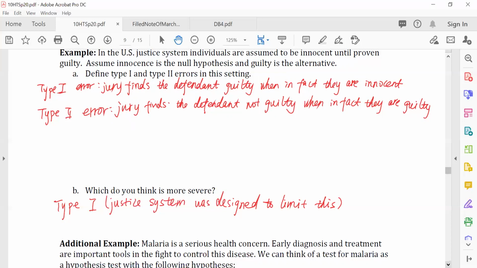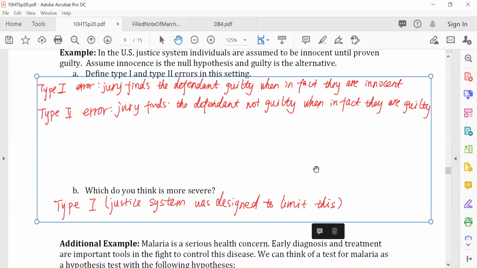But the jury finally set him free because he couldn't put his hand into the glove they found at the scene. So we'd rather set criminals free instead of putting innocent people into jail. So type 1 error is a more severe case in this scenario.